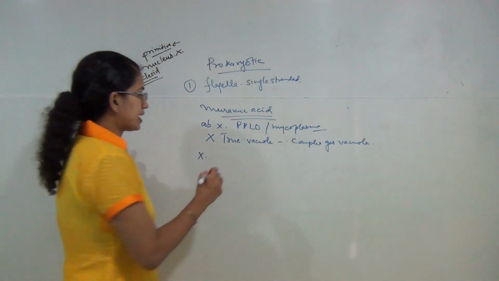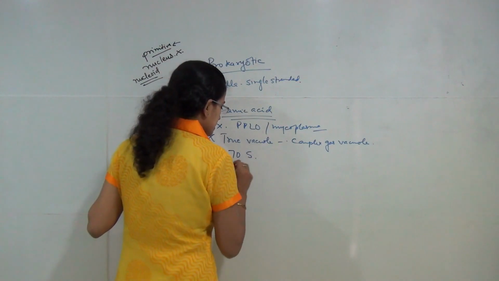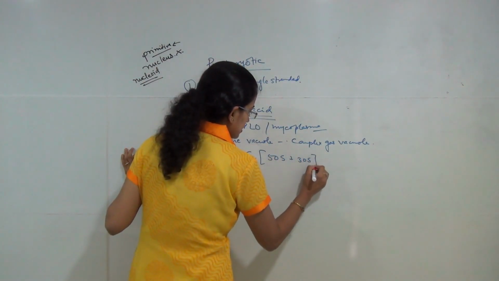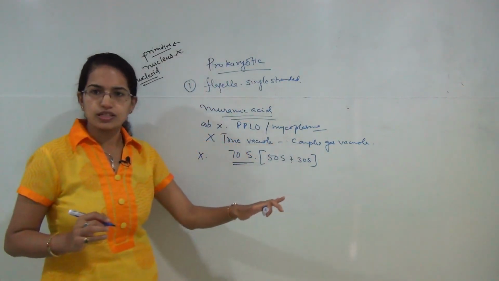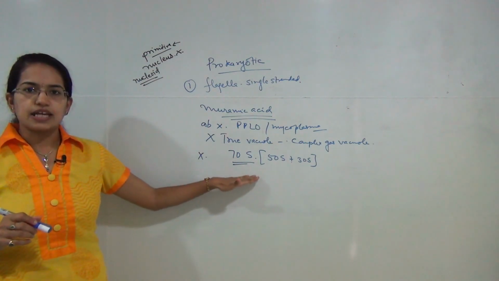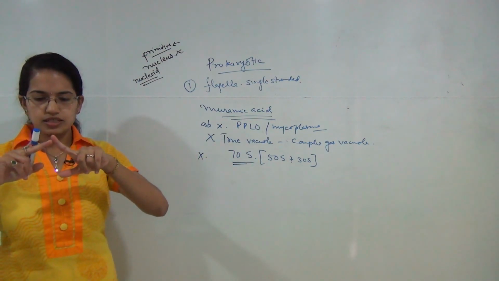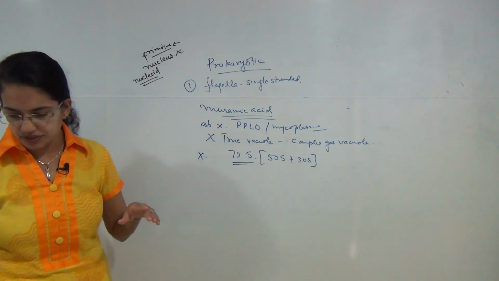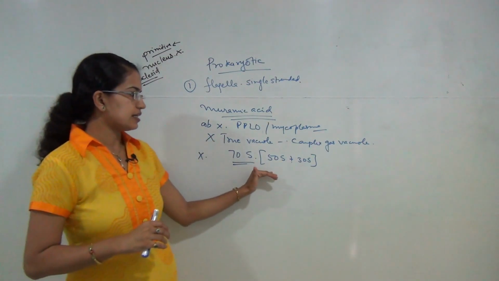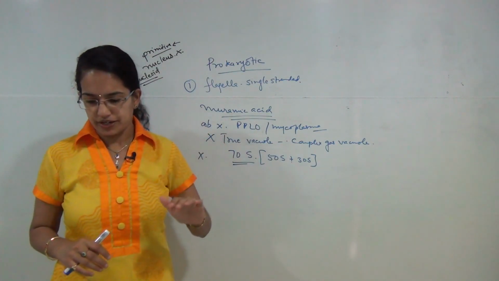Another important characteristic is the ribosome that is present here is 70S, which has two subunits, the 50S and the 30S subunits, the larger and the smaller subunits of the ribosome. The respiratory enzymes are in contact with the cell membrane. That is again an important characteristic of the prokaryotic cell.